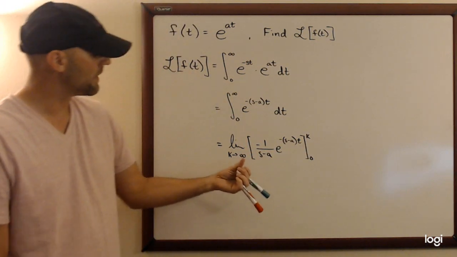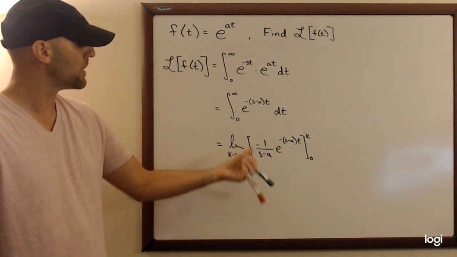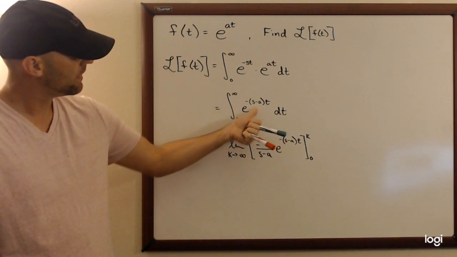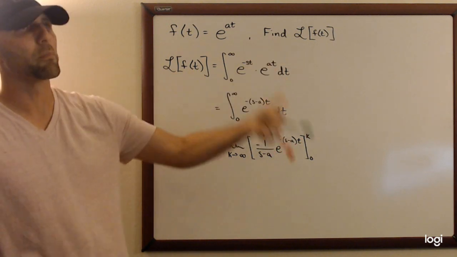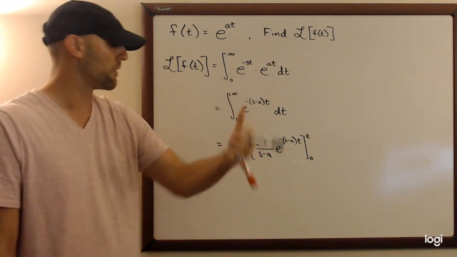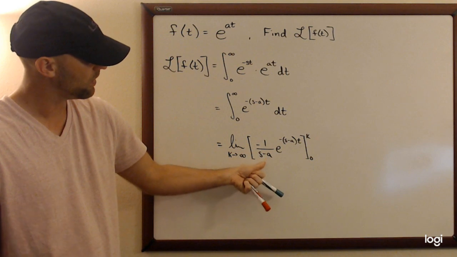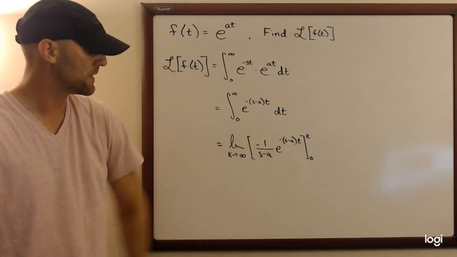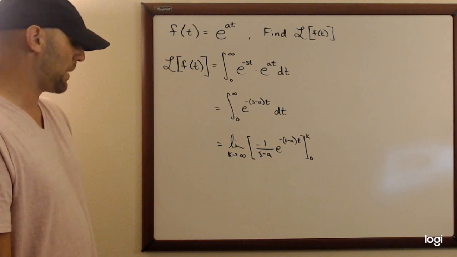Okay, again, I've got to rewrite my bounds. We're going to rewrite it as a limit because that's how we do improper integrals. And again, the integral of e to the bt is 1 over b times e to the bt, right? The integral of e to the 4t is 1/4 e to the 4t. Same thing here. It's the reciprocal of this coefficient, negative 1 over s minus a times e to the negative s minus a times t.